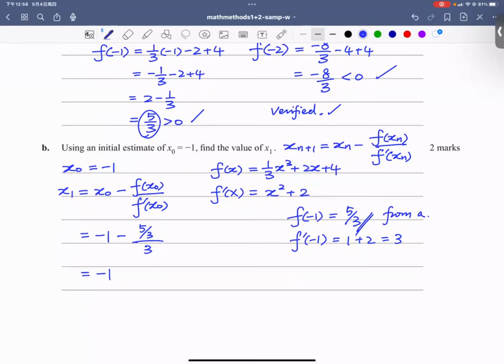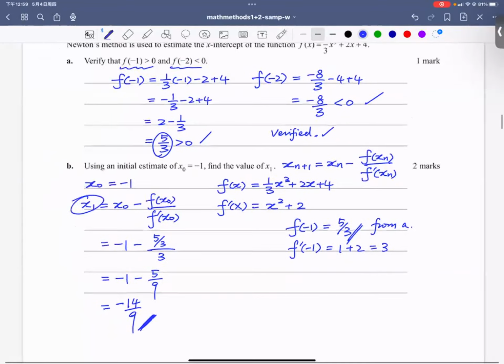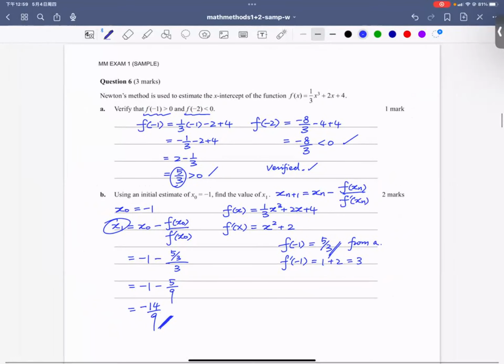So that is minus 1 minus 5 over 9. And eventually, this is going to be minus 14 over 9. All right, so this is the x1. The first iteration gives me an estimation to the root of the graph.